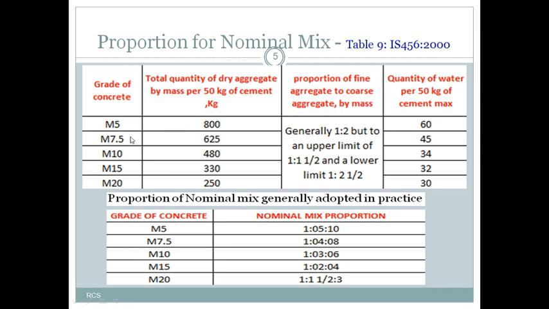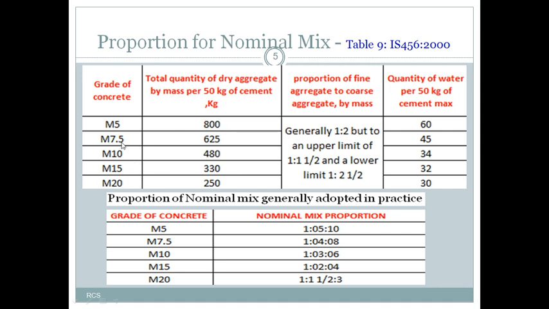If I take the example of M5 grade, for one bag, or 50 kg of cement, I can use 800 kg of coarse aggregate. Correspondingly, according to this ratio, for preparing M5 grade concrete, the fine aggregate required is only 400 kg, half of this. That 1:2 represents half of the coarse aggregate quantity.